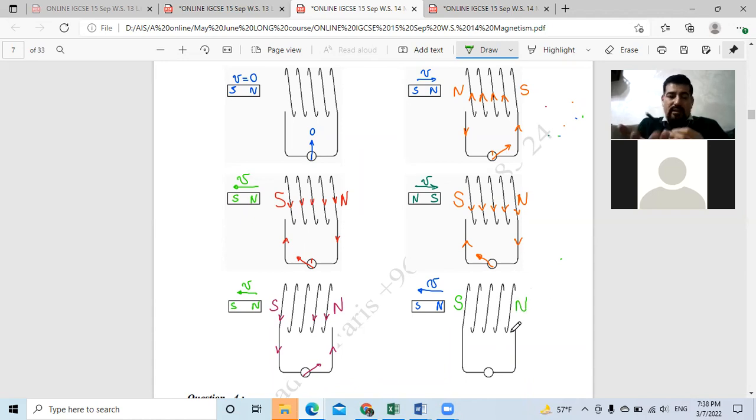By using the grip right hand rule, this is the north and this is the solenoid. I'm holding it by my hand. The current that I am seeing is going down. So the pointer here is going to the right. Usually they don't ask questions about in which direction is the current. Rarely. But we have to know this information, okay? Good.